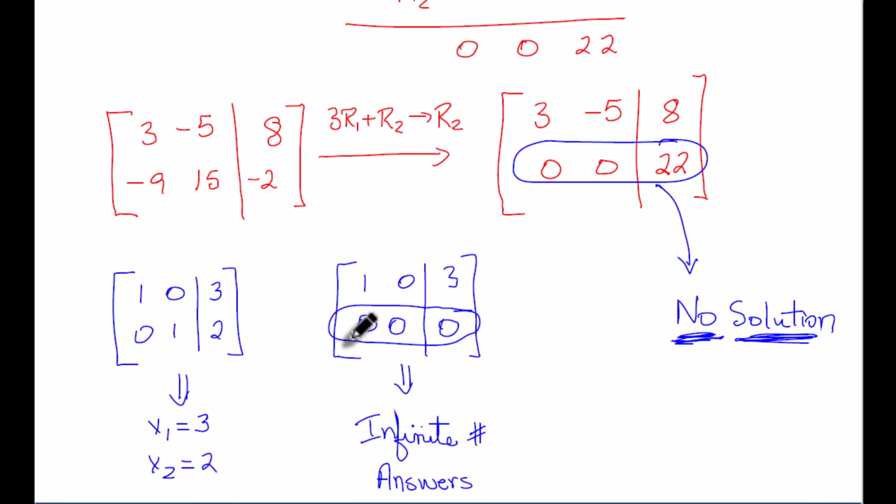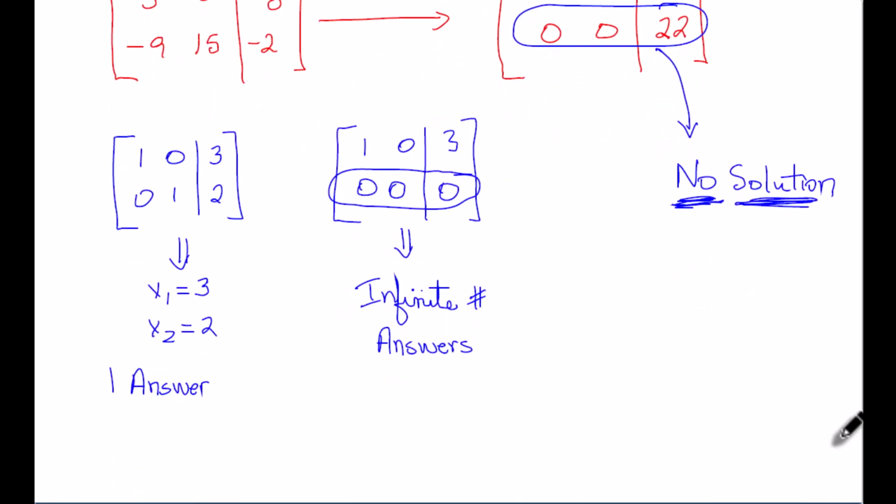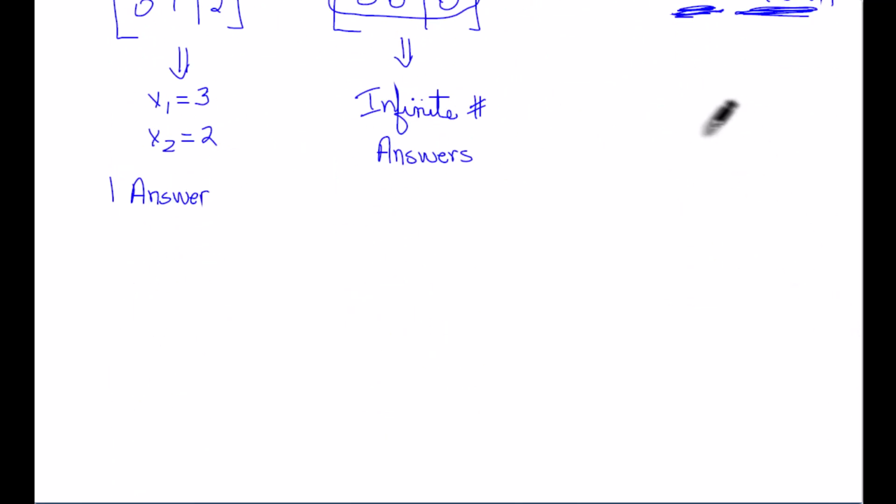They are sitting on top of each other. There are an infinite number of solutions, and I need to get a formula for them. And if I get 0, 0, and something not 0, that means our problem has no solution. And that concludes this particular section.